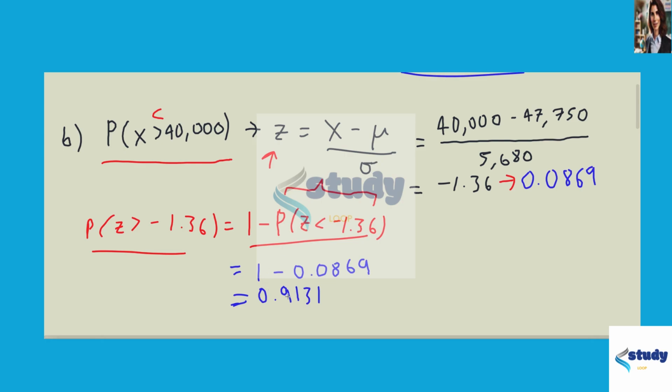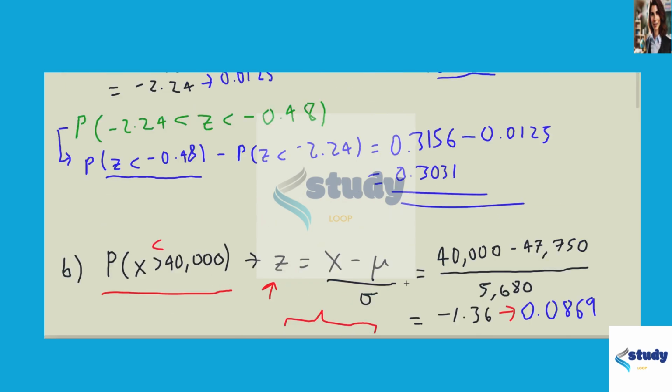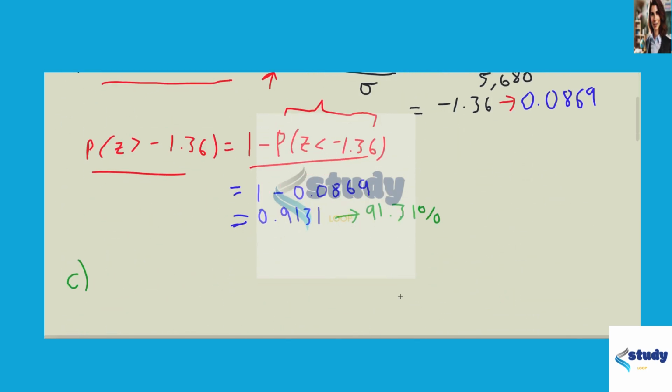Here we can tell that the probability that a teacher earns more than $40,000 a year is 0.9131, which is the same thing as 91.31%. So 91.31% of teachers earn more than $40,000 a year. Therefore, if you were offered $31,000 a year, you wouldn't be too happy, because most teachers would be making a lot more than you.